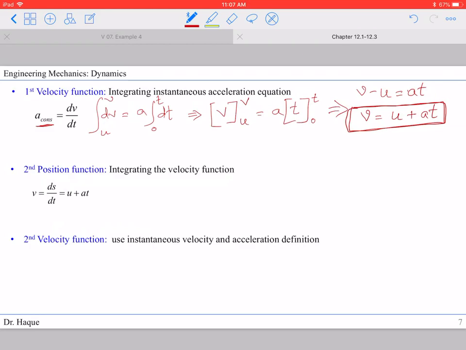So let's do the next formula. This is the second position function, and we can derive it by integrating the velocity function we just derived here. So we're gonna start from this equation, and then we'll integrate this formula.